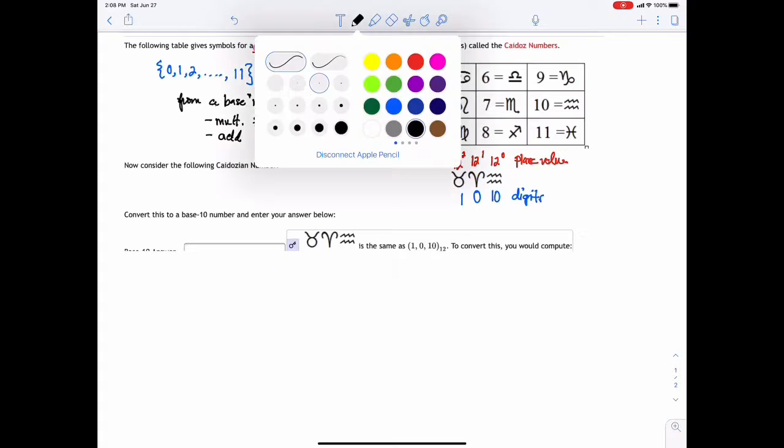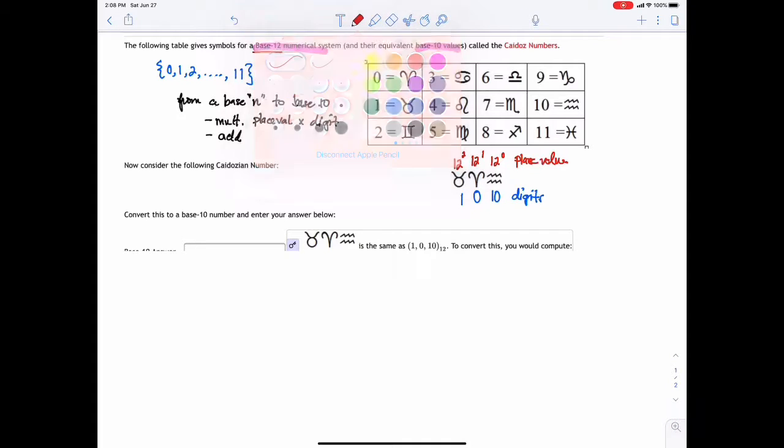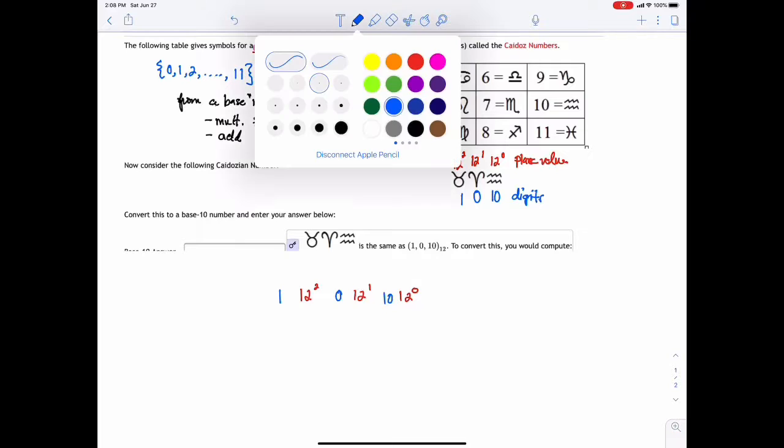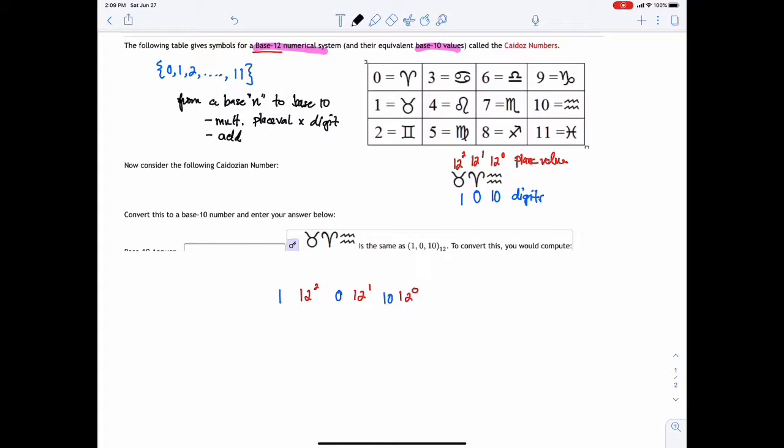It's a simple process. I think the most difficult part is identifying the place value first, which is always the first step, and then identifying the digits to go with each place value. Notice here I put each digit with its corresponding place value.